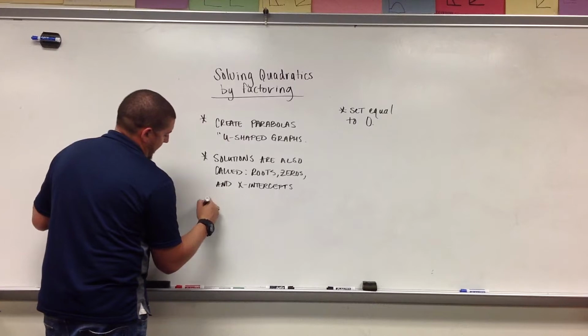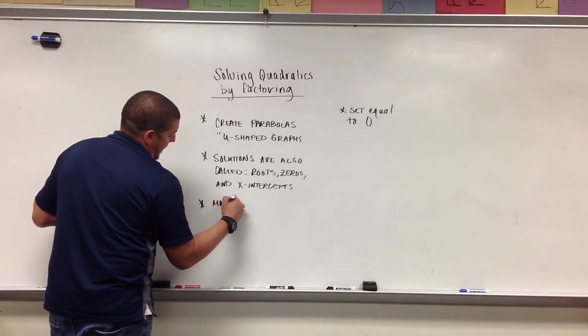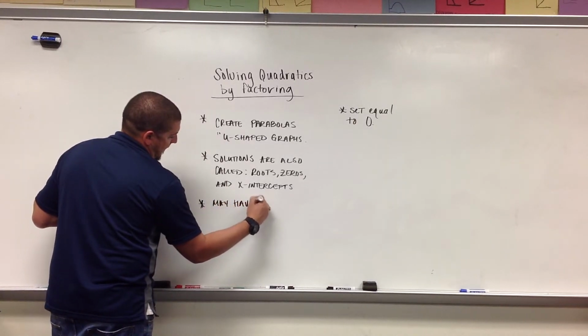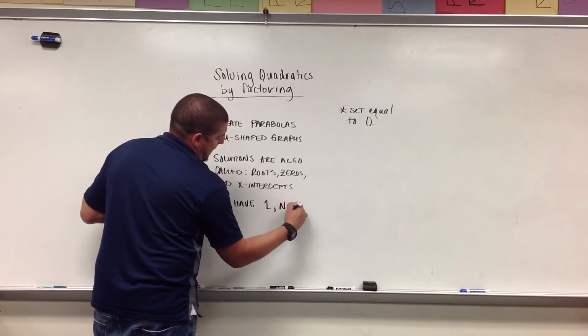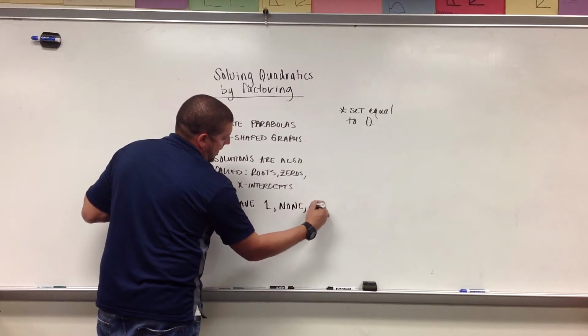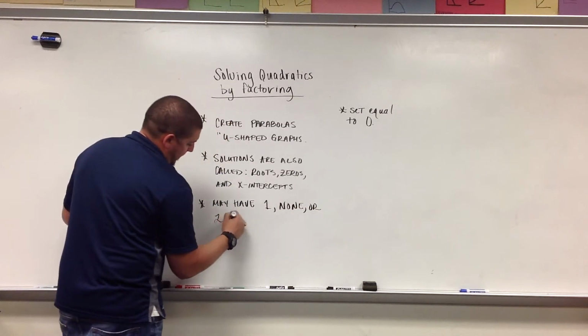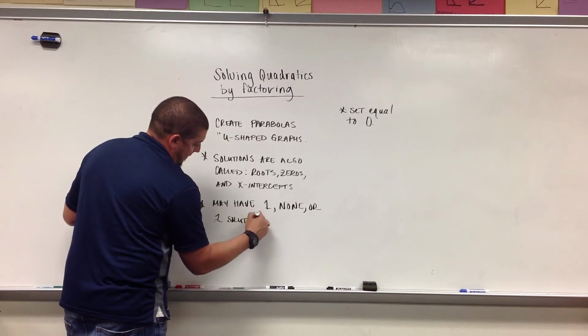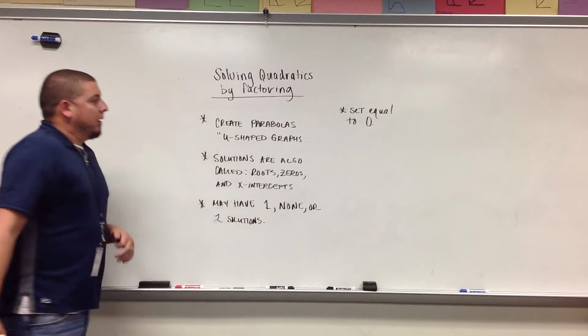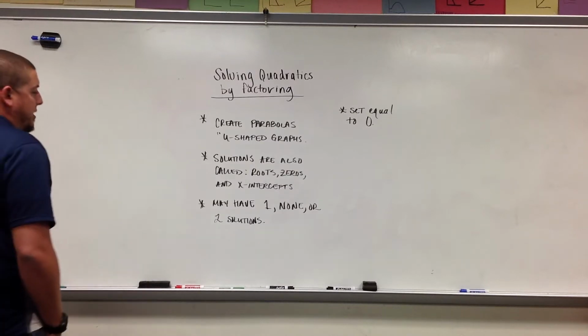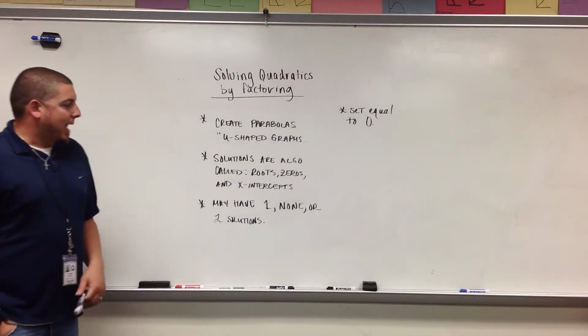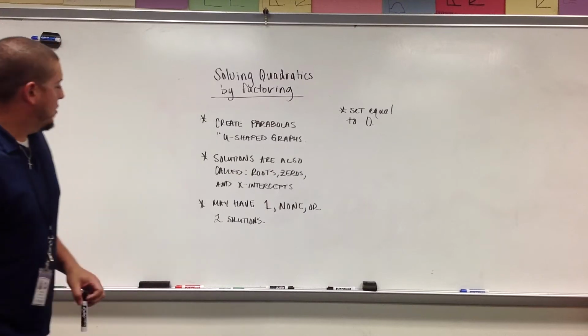They may have one, none, or two solutions. So those are the main things that you got to remember from that quadratics unit. They create the parabolas, the U-shaped graphs. The solutions are also called roots, zeros, and x-intercepts, and may have one, none, or two solutions.